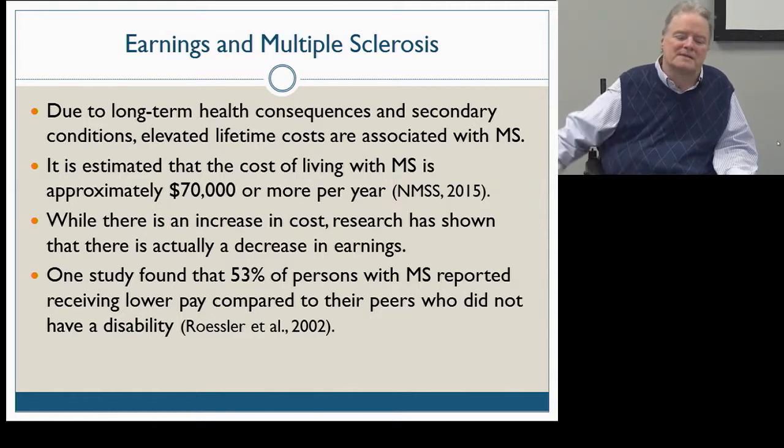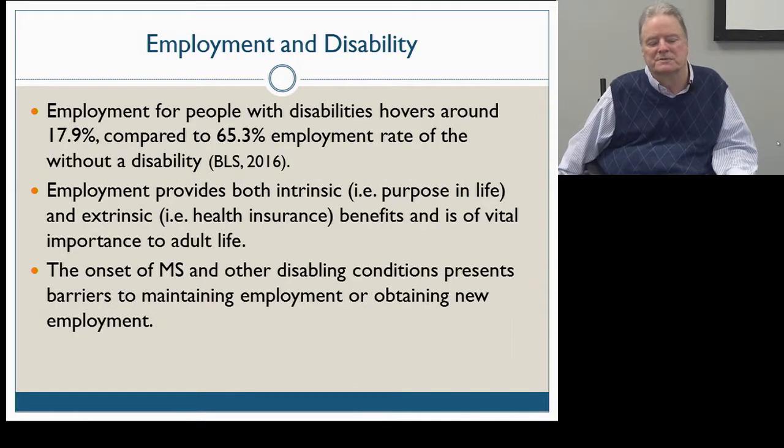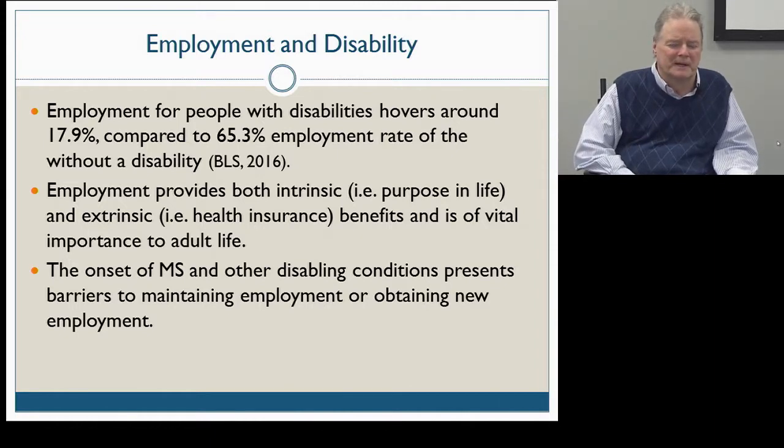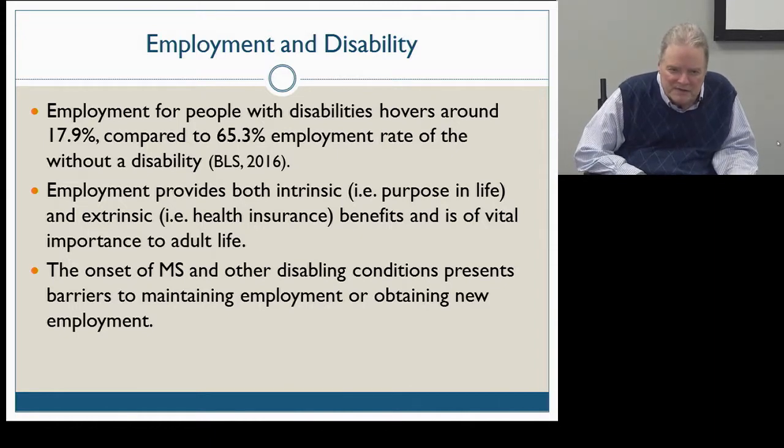So MS, having a component of physical disability, estimates of employment with people with disability are quite diminished compared to the general population. This is one estimate that we're presenting here, but we have seen progress over the last year, but clearly there remains a dramatic gap depending on the diagnosis and the symptoms.